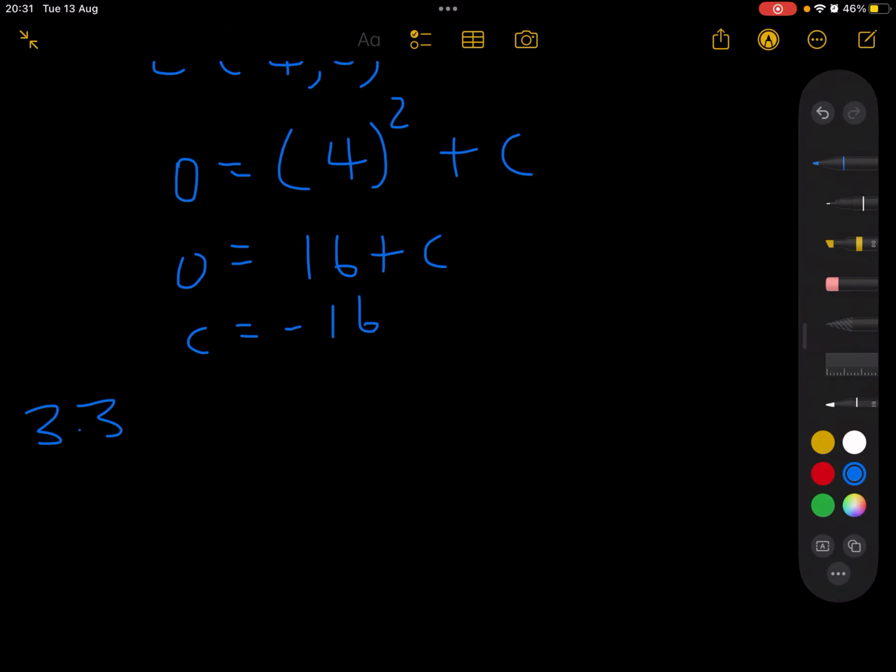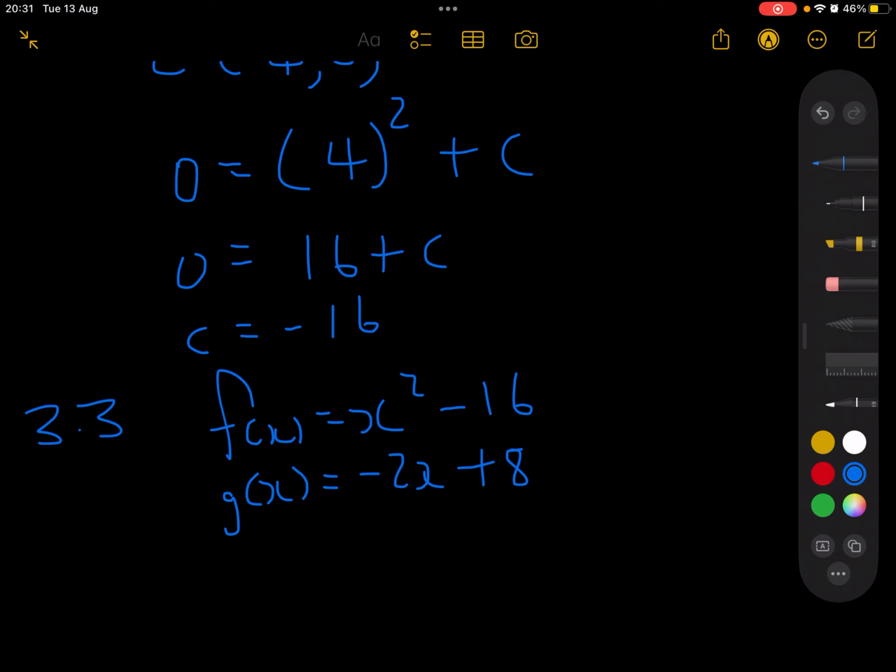3.3. We have f of x, which is now equal to x squared minus 16, and we have g of x, which is equal to negative 2x plus 8.